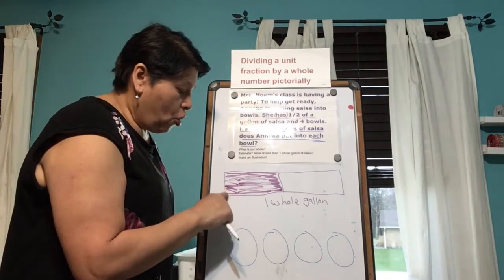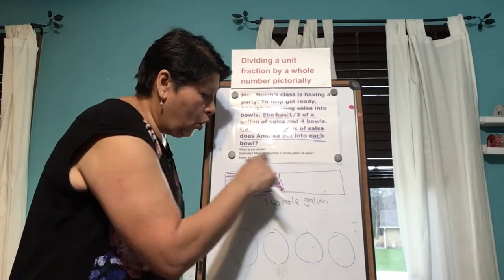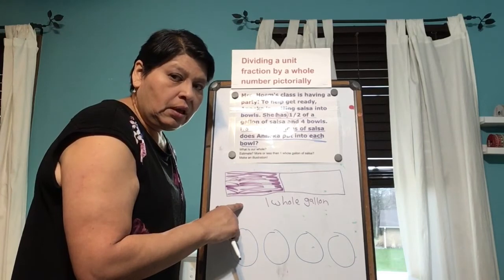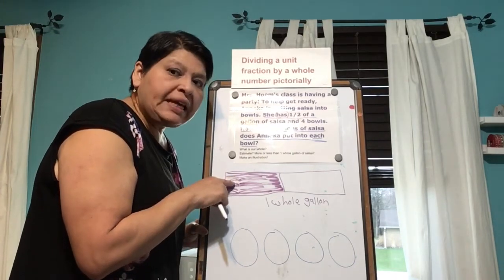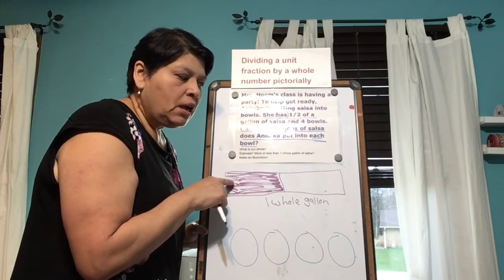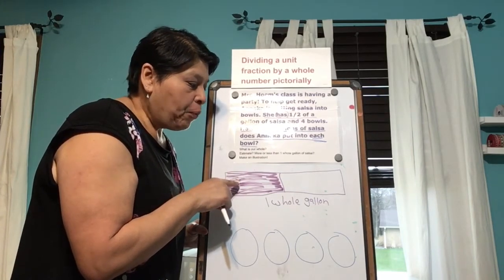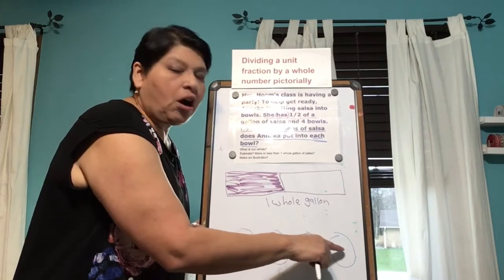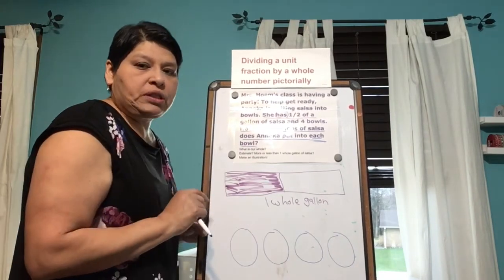Remember, your whole is this whole rectangle. She has only half of the gallon. So is she going to put more than a gallon in each of these bowls?